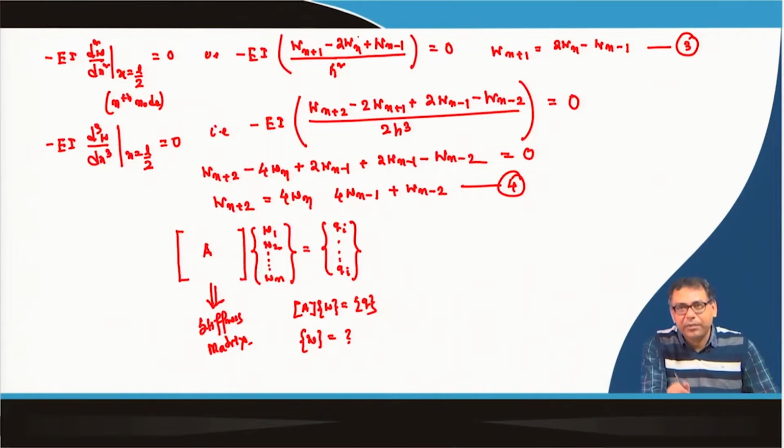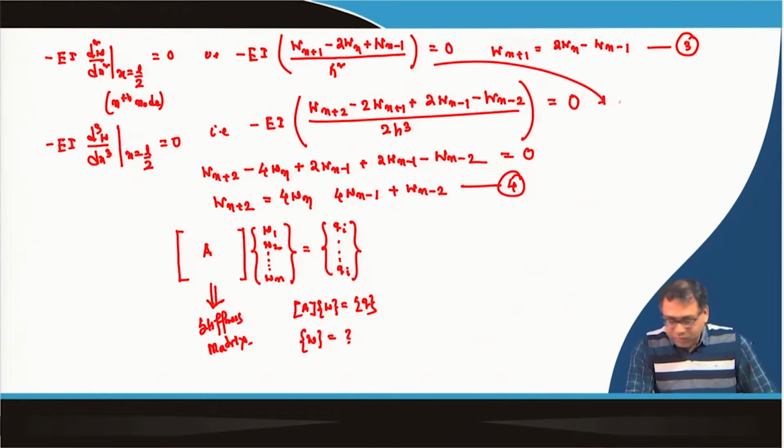That equation you have to express at point 2. So, I want to determine the bending moment at the second node. Okay. So, the bending moment at the second node will be what?